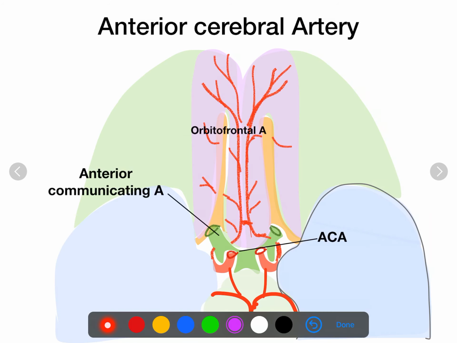Now the terminal branches, starting with the anterior cerebral artery. After it originates from the internal carotid artery, it passes medially and anteriorly towards the median longitudinal fissure, and after reaching the medial side of the cerebrum, it continues along the convexity of the corpus callosum.